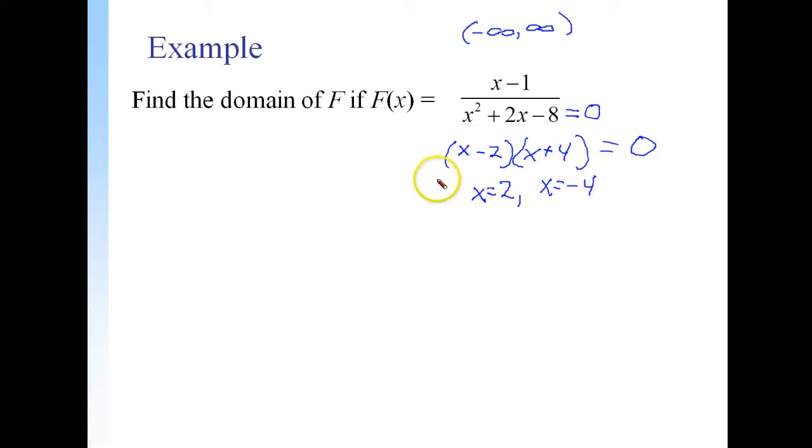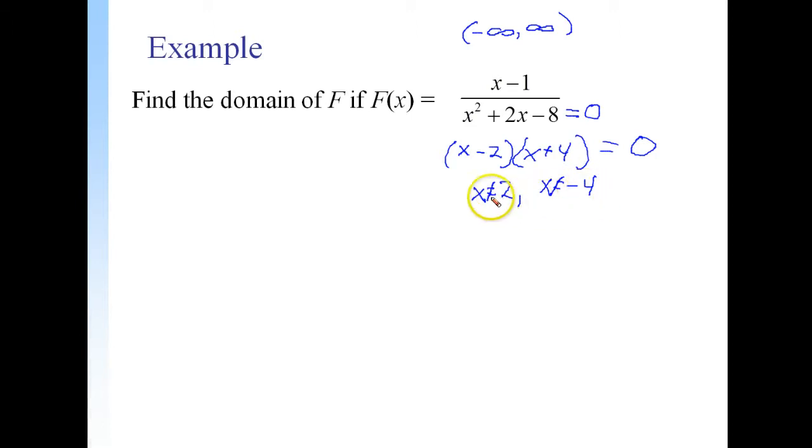But they want to know what values of x can you have in the denominator. And what these indicate is that if x were a 2, that would make the denominator a 0. If x were a negative 4, that would make the denominator a 0.